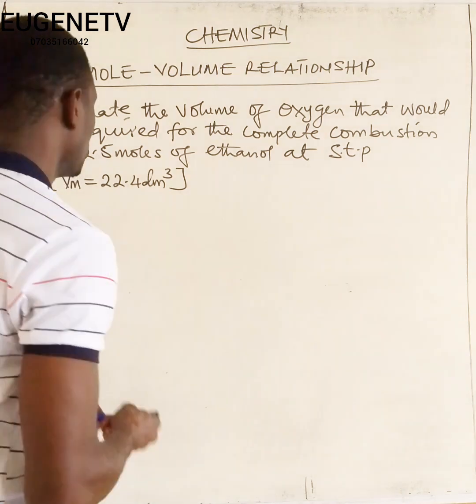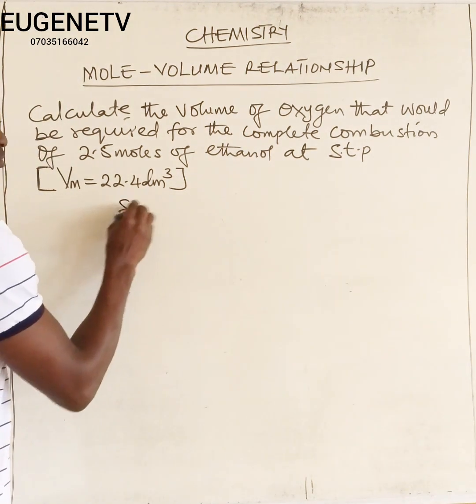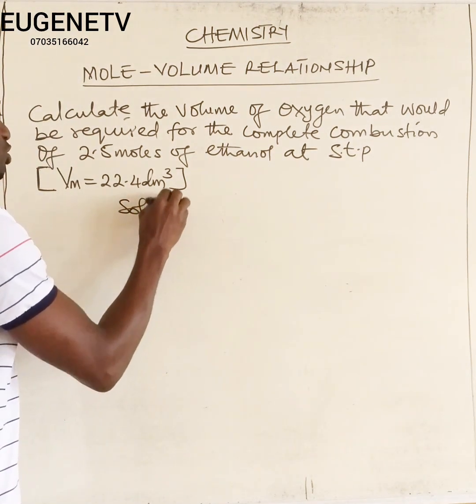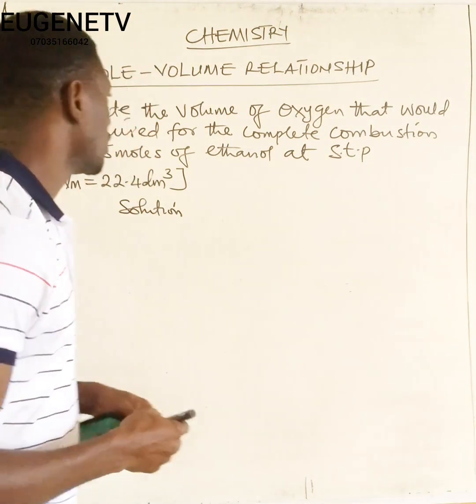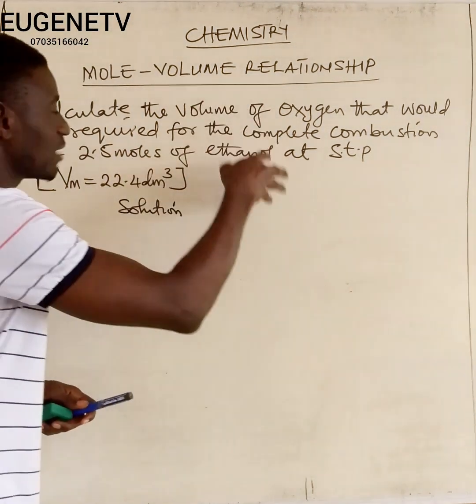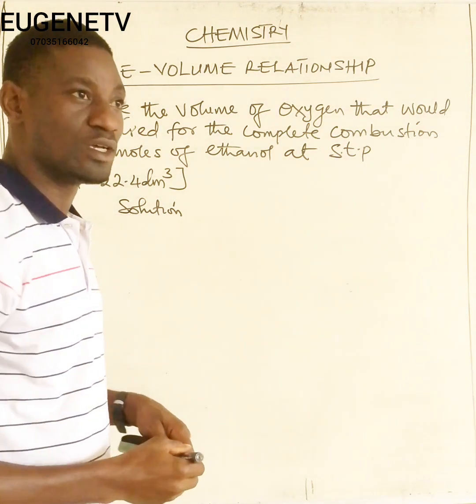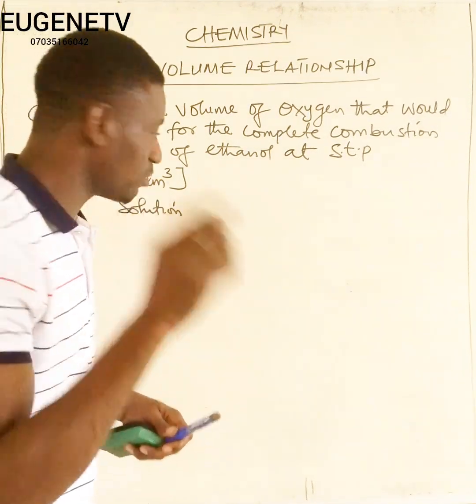Alright, come with me, let us solve this problem. Solution. The first thing we need to do in this question is to write the balanced chemical equation for the combustion of ethanol.